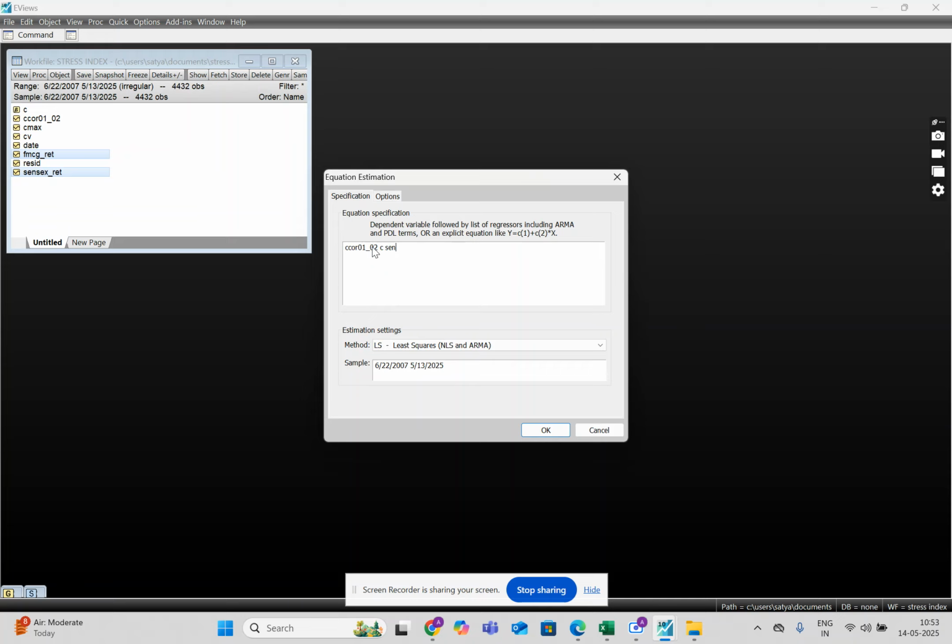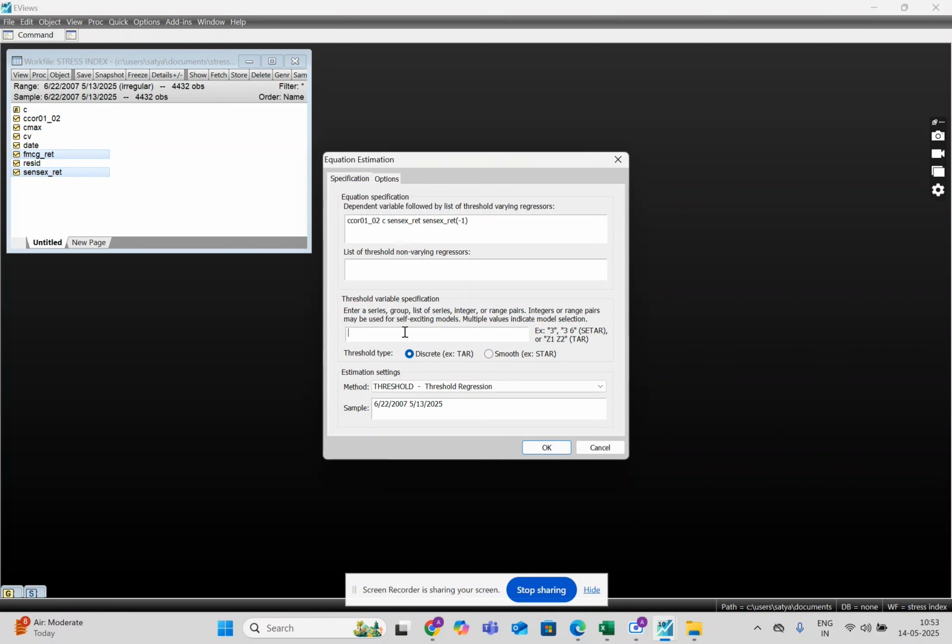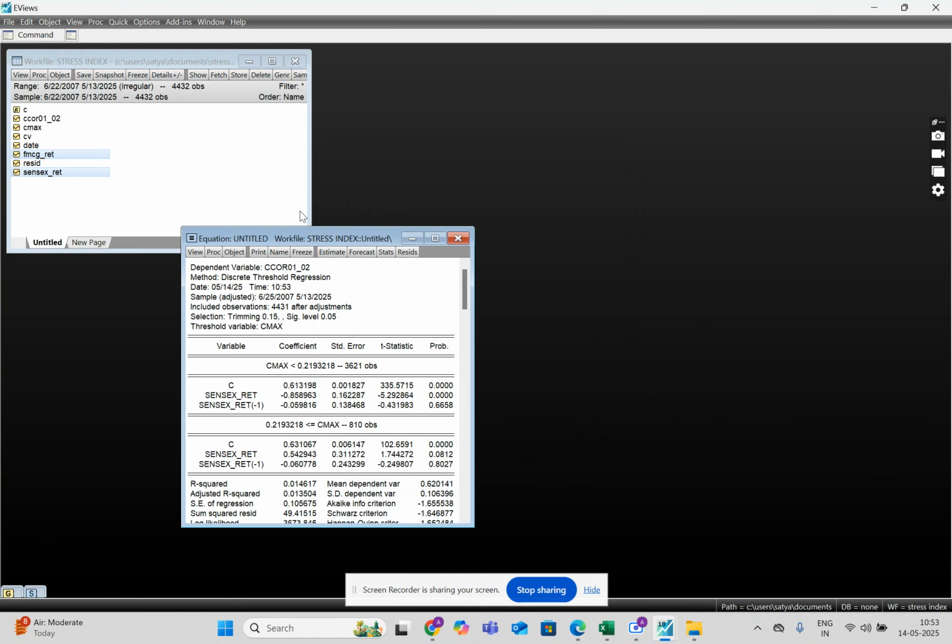C, Sensex return and Sensex return minus 1. Write the method to be threshold, and then here we write Cmax as the threshold variable. So this is the model, and now we do okay.